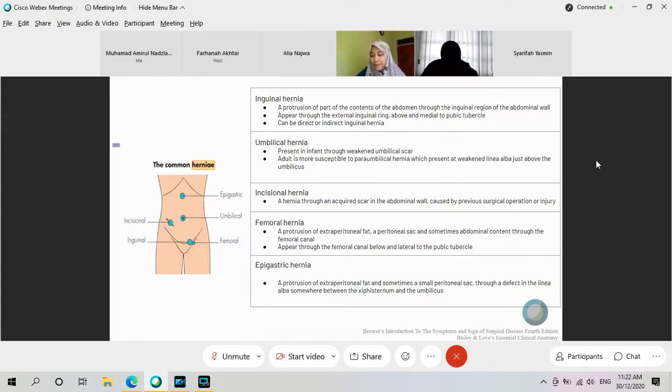I can't tell you the exact percentage, doctor, because I really didn't read about the details of the percentage of the types of hernia. When you're discussing any disease, you must cover the incidence. Sorry, doctor.